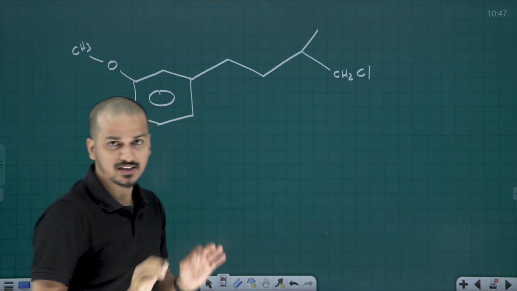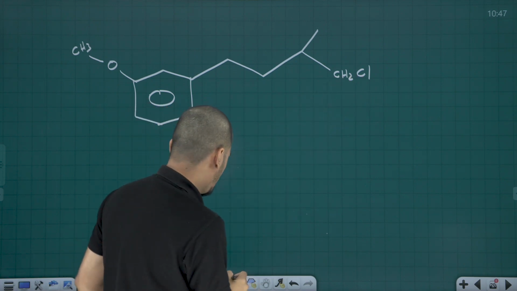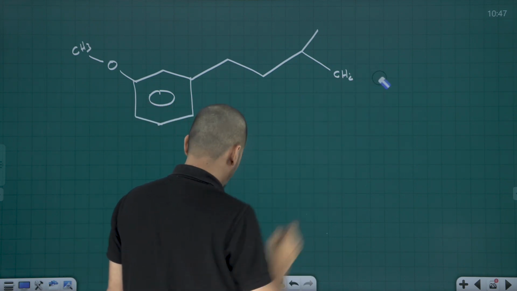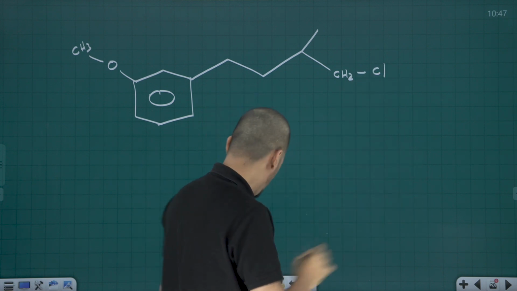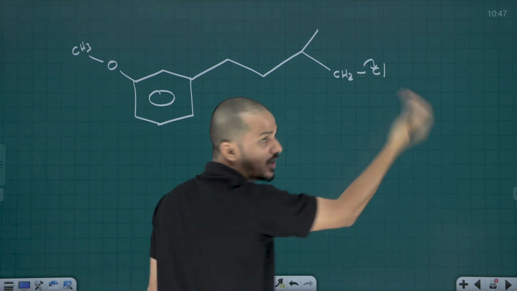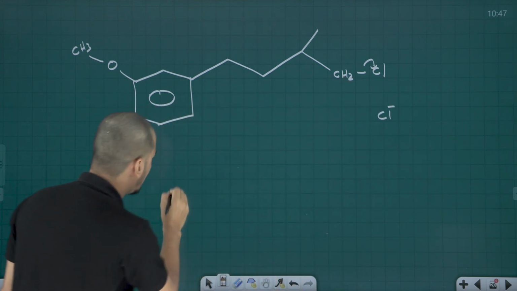Now, once you are treating with AlCl3, the CH2Cl will break heterolytically. That means this Cl will take the electron towards it and become Cl minus, and this portion becomes plus. I am drawing that one again.